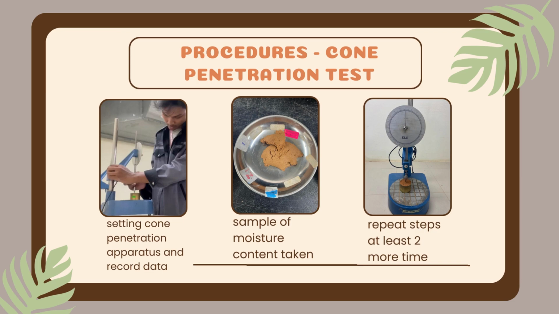Make sure to take another two penetrations at different spots. Next, a sample of about 10 gram was taken from the area penetrated, and we repeat the steps at least two more times to take the result.